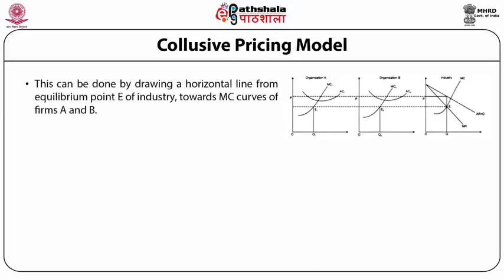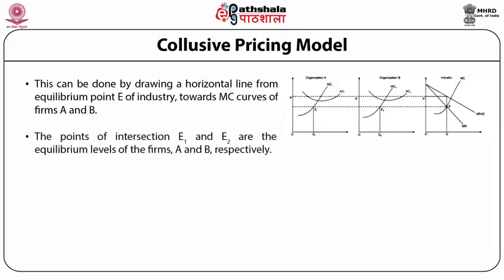This can be done by drawing a horizontal line from equilibrium point E of the industry toward the MC curves of firms A and B. The points of intersection E1 and E2 are the equilibrium levels of firms A and B respectively.